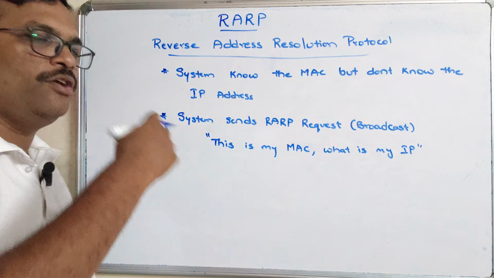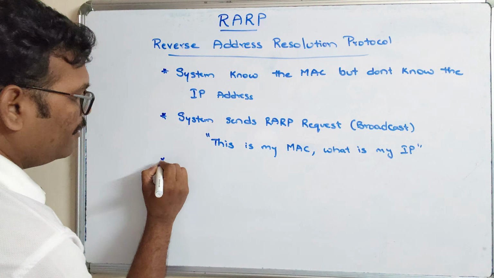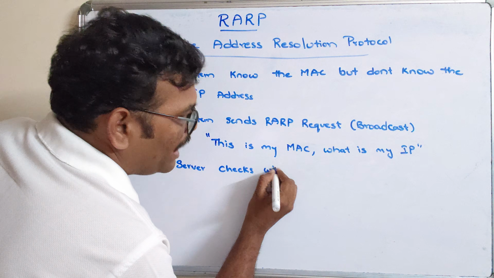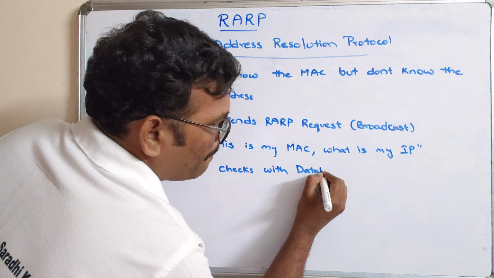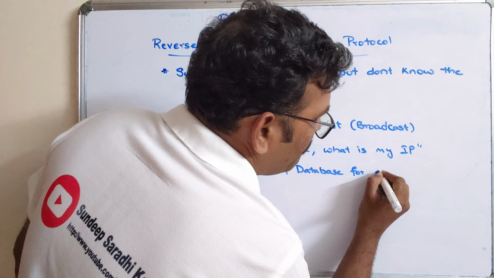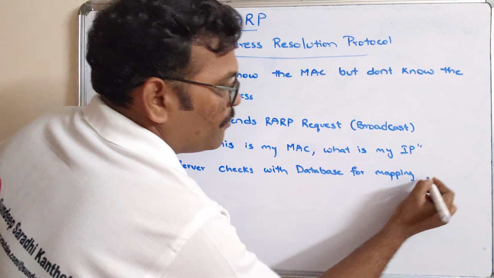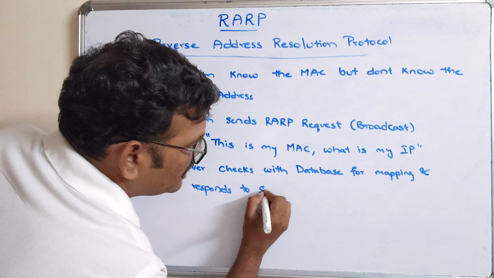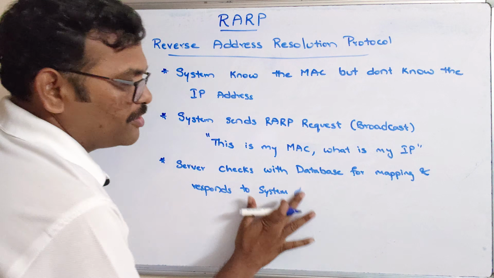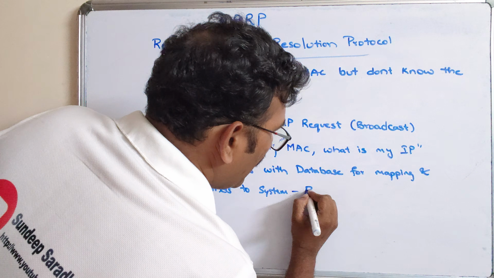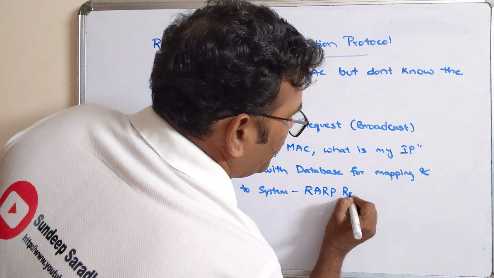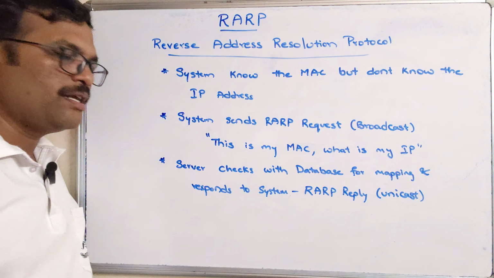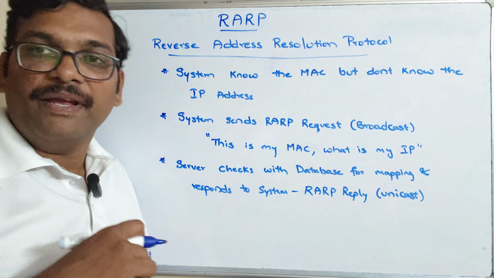So this kind of message will be sent to every device. Then the server checks with a database for mapping and responds to the system. So this is a unicast, which is also called a RARP reply. This is a unicast. So in this way, the system will know the corresponding IP address.